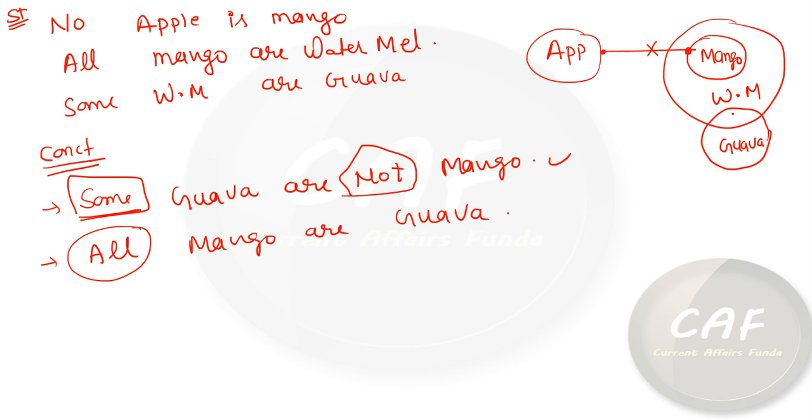But there is no information given here like some guavas are not mango. This is just like a possibility. So such cases are the doubtful conclusion. That's why this will unfollow here. Fine. Because some guava are not mango, this is just like a possibility. It may be possible or it may not be possible. Fine. So this is just a case of doubtful conclusion. So we will mark unfollow here.